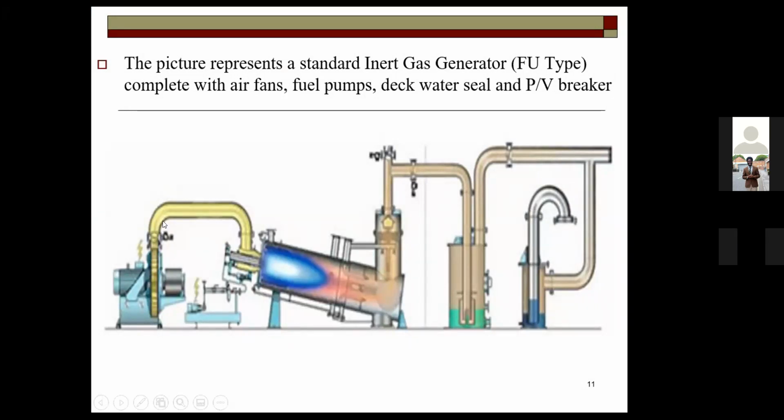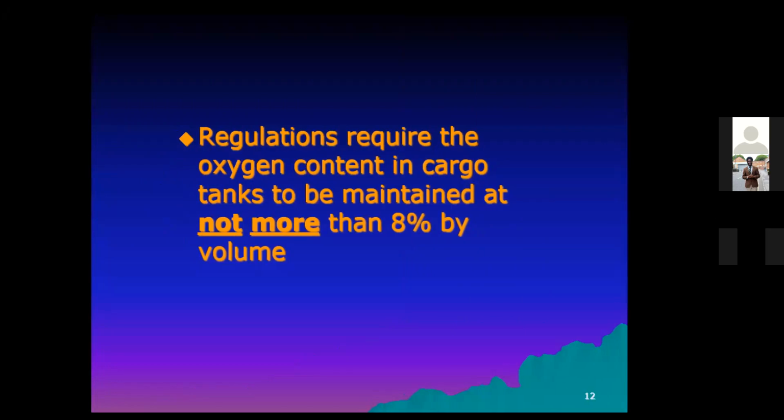When you generate the inert gas from the inert gas generator, there's a fan that pushes it, and it goes to the air fans. From the air fans, it goes where it's washed and cooled, and it's sent to the dead water seal and to the PV on deck. The idea of the PV is to prevent the backflow of IG. So it's very, very important.